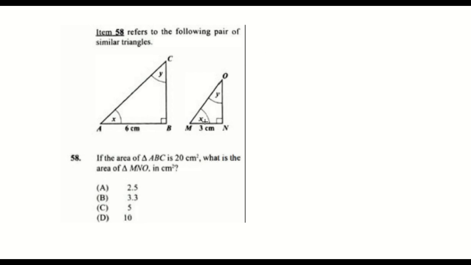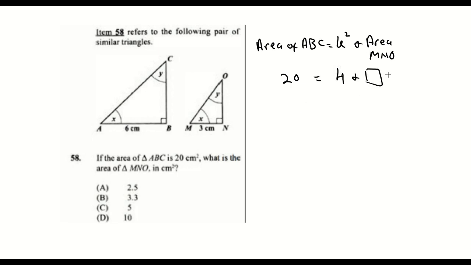If you look at the scale factor, when we're looking at area, the area of ABC would be k squared multiplied by the area of MNO. So 20 is equal to 2 squared, which is 4, multiplied by this area. So that would be 5. So the answer is C, 5.